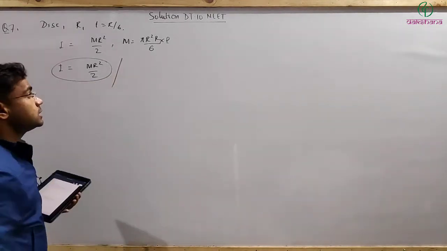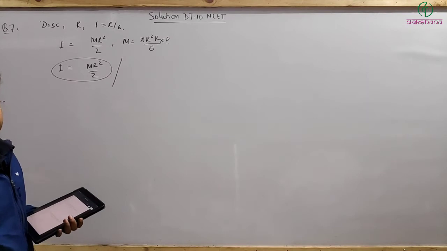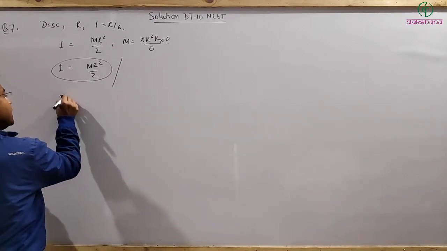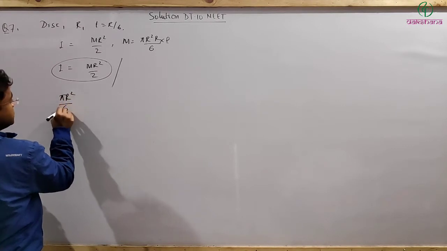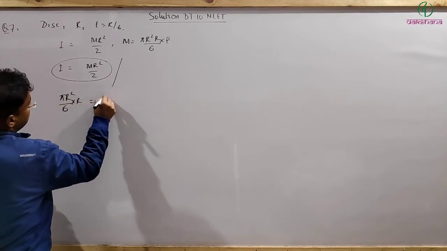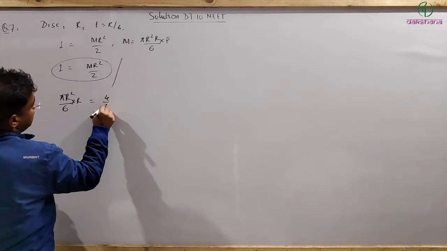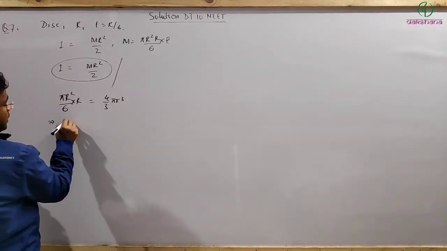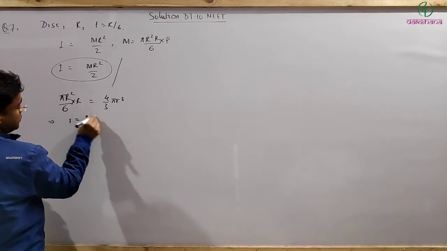Another thing is that it's recast into a solid sphere, so the mass, or volume, will remain constant. So pi r square by 6 multiplied by r should be equal to 4 by 3 pi r cube, and this implies r is equal to r by 2.